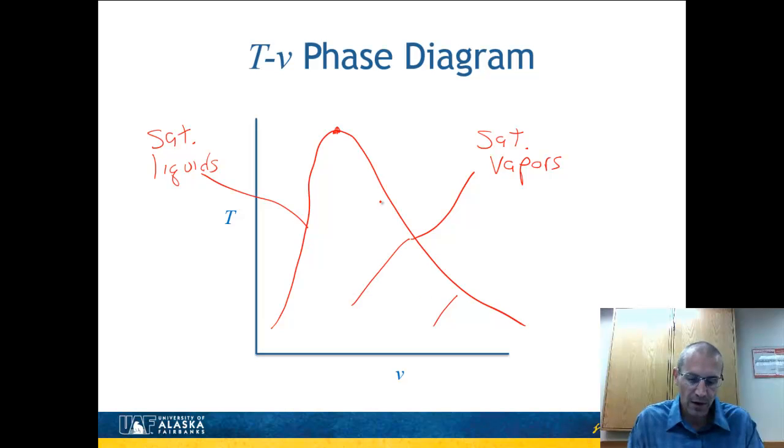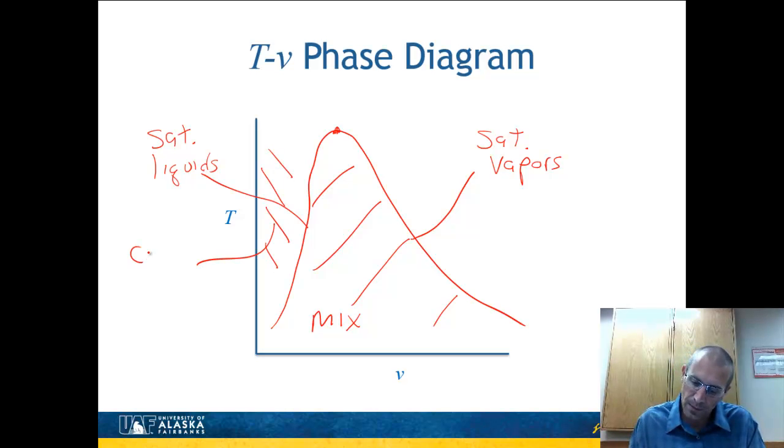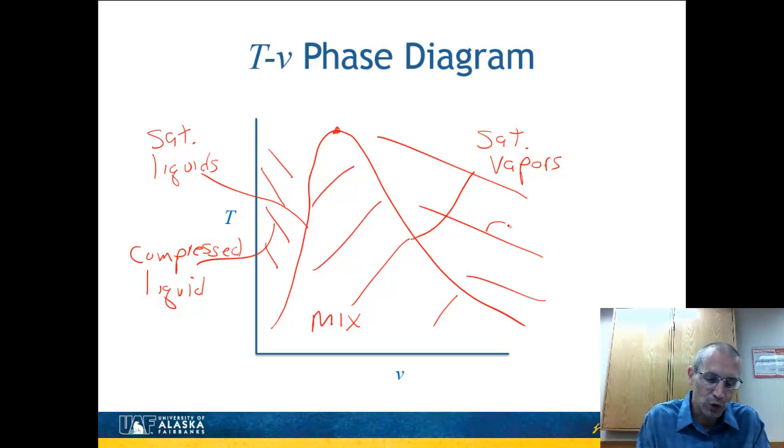Underneath this is where mixtures occur. And on the far left, these are compressed liquids. And up on the upper right are superheated vapors.